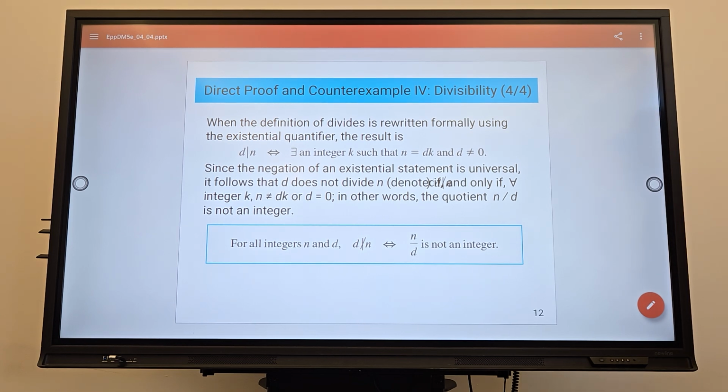In other words, the quotient n divided by d is not an integer. So that would be the negation of the definition for not divisible.